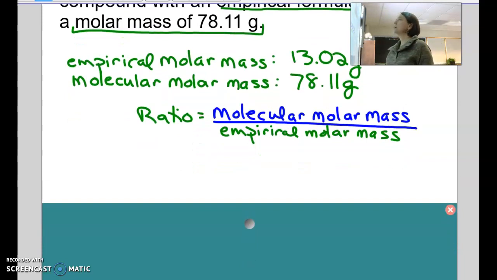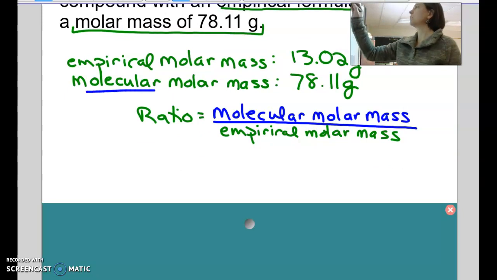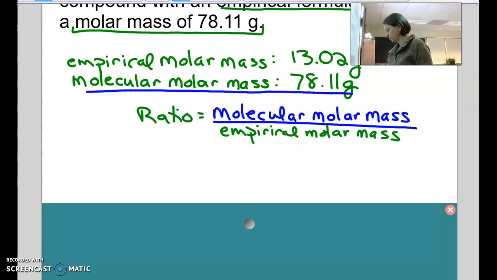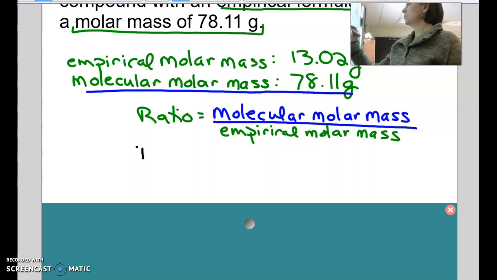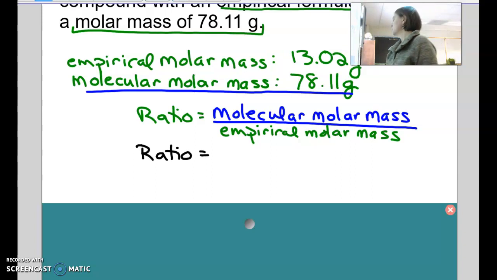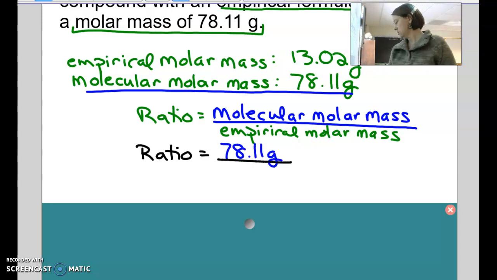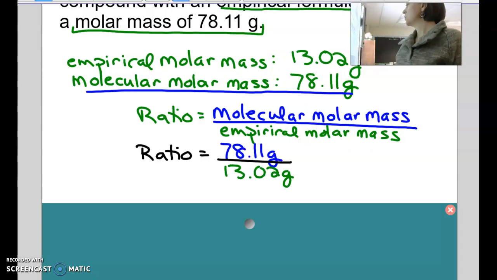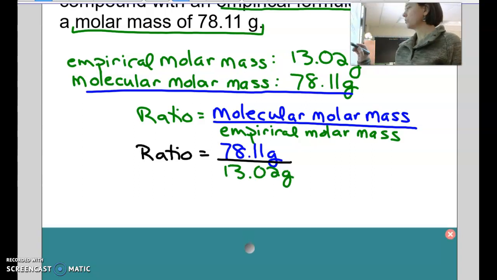And we could even underline these to make them color-coded. So the ratio equals our molecular molar mass, which was 78.11 grams, over our empirical molar mass, which was 13.02 grams.